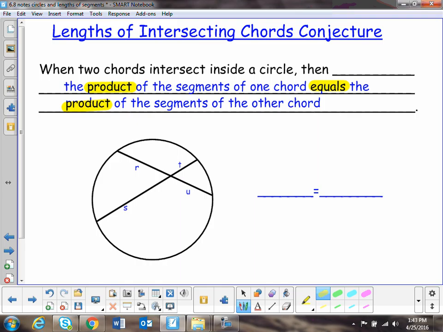Segments of one chord, multiply them, equal them to the multiplied segments of the other chord. Okay, so you have this right here, which looks like a picture of another conjecture that I already talked about. I'll talk about that in a second, but R, you're going to multiply with what, y'all? U. That's it.